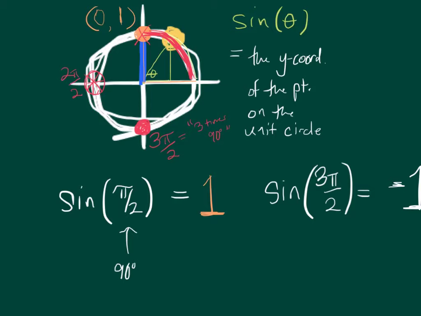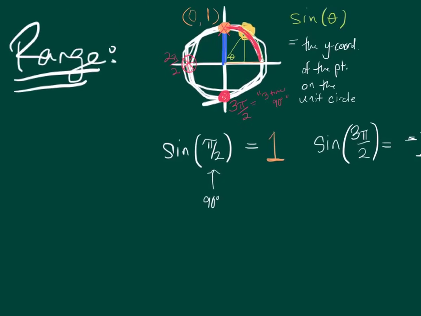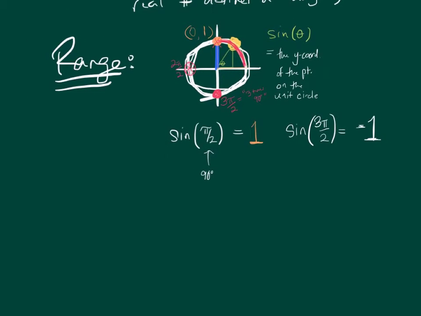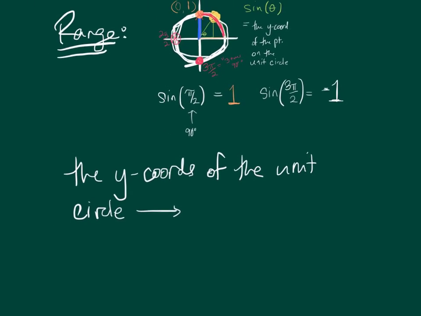So, this whole illustration was to point out what the range of the sine function is. The range of the sine function is the y-coordinates, the output, of the unit circle. As numbers, what can we say about those numbers as real numbers?